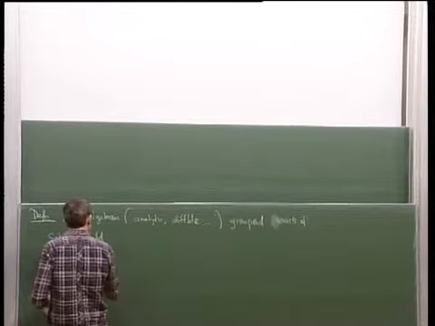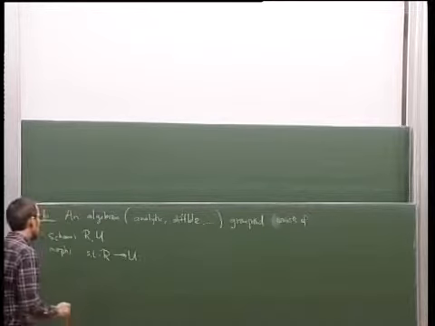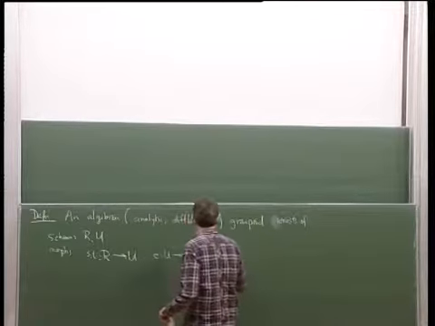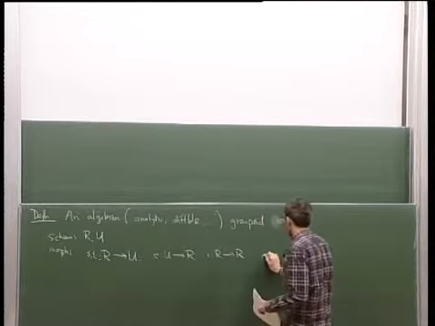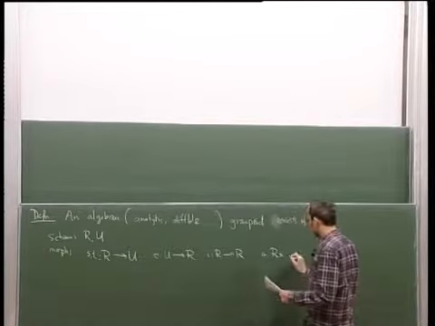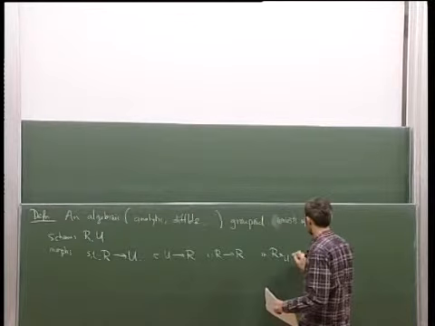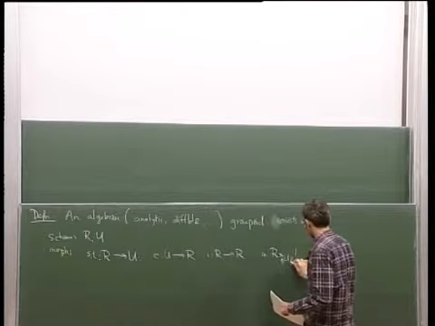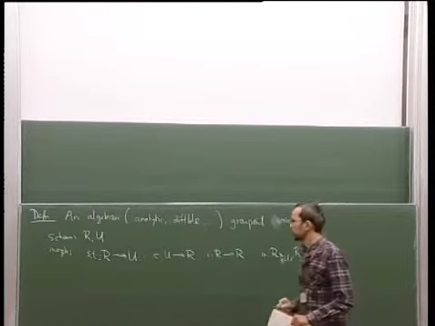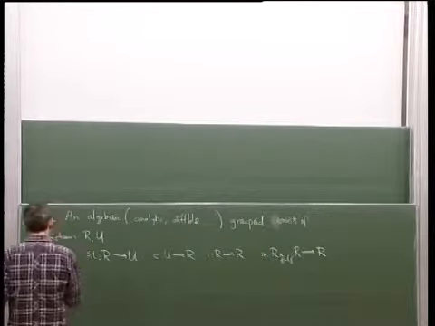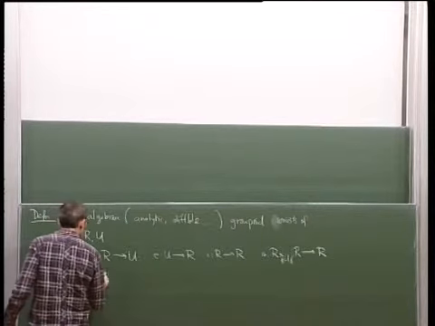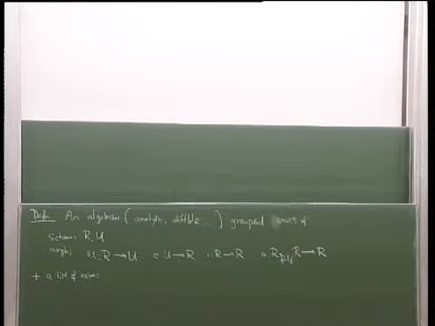So S and T from R to U. There's E from U to R, I from R to R, and M from R fiber product R to R, plus a list of axioms, and these are supposed to formalize the abstract concept of groupoids.